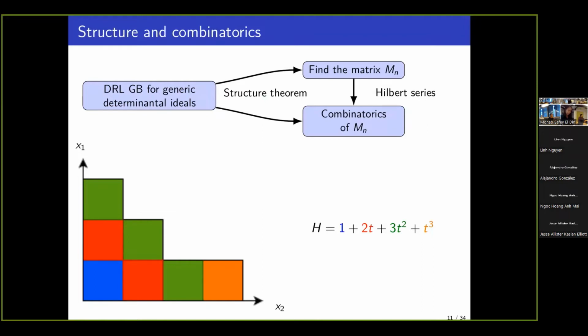For instance, the degree reverse lexicographic ordering is a graded ordering. So if you look at this monomial basis on the left, which we call a staircase, you can see it contains the monomials 1, x1, x2, x1 squared, and so on. And by looking at the total degree of these monomials, you can see it relates to the coefficients of the Hilbert series.